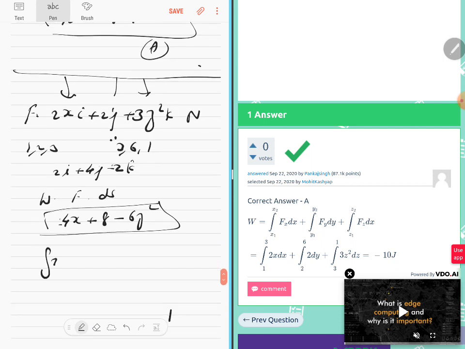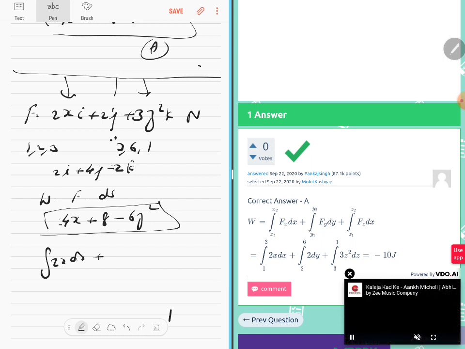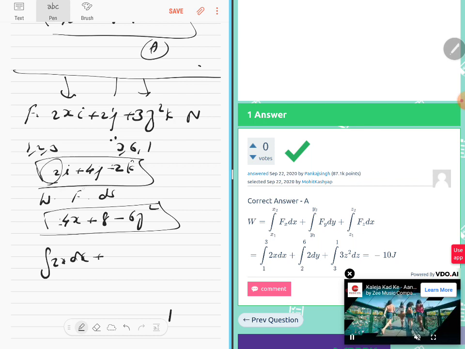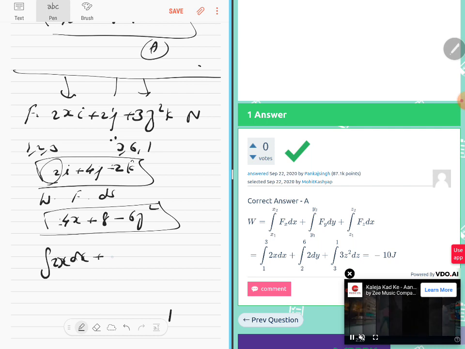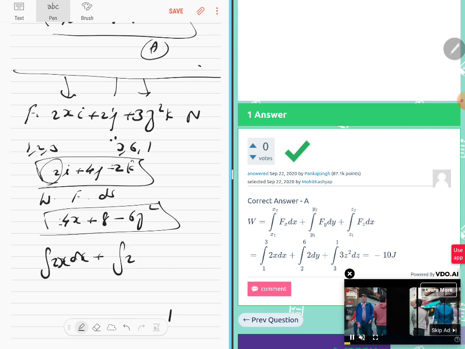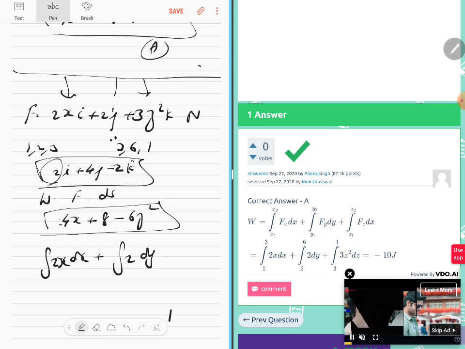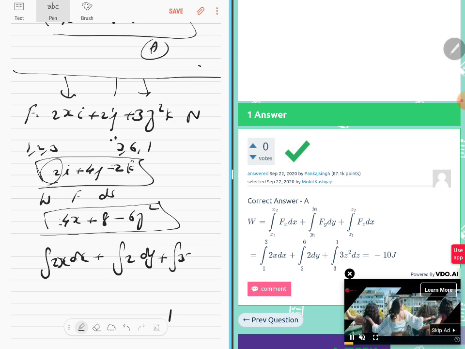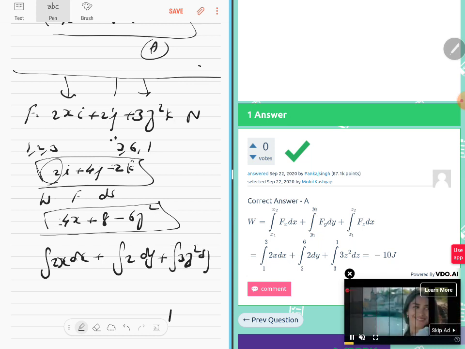So integration of 2x dx plus integration of 2 dy, plus integration of 3 z square dz. Let's not assume the displacement as 2, just assume it as dx only. Let it be like that.